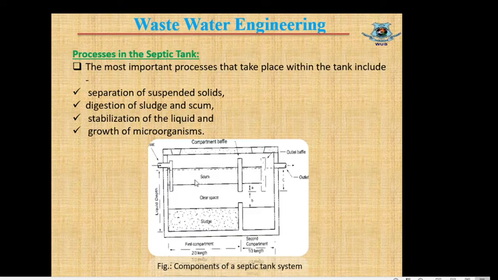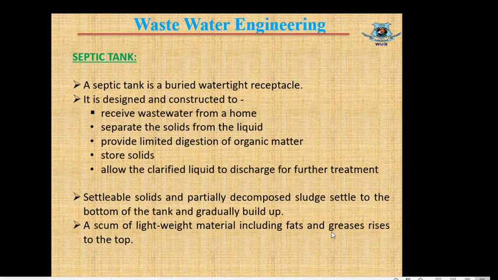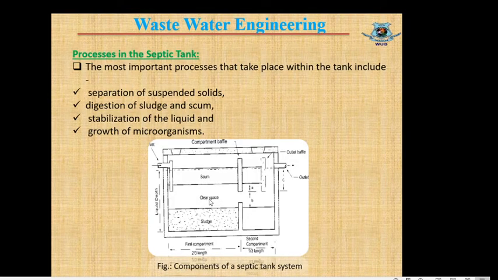That means scum is the lighter weight particles that may sometimes be in the form of grease, as said here, fats and greases that rise to the top, sometimes something like oil.